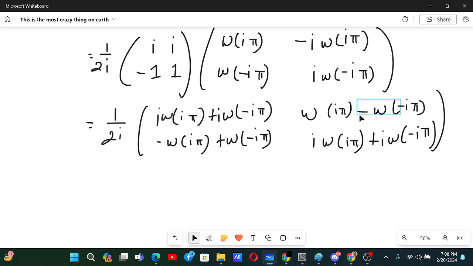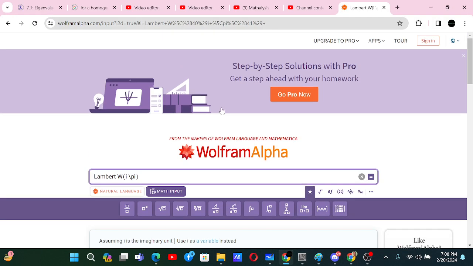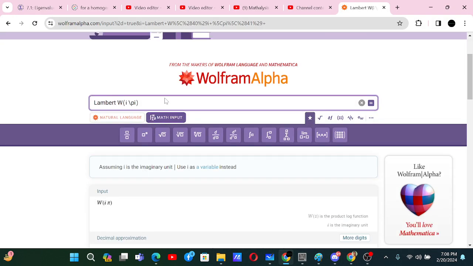Now let me put it in Wolfram Alpha again to see if this result makes sense or not. Lambert W of i pi minus Lambert W of minus i pi.